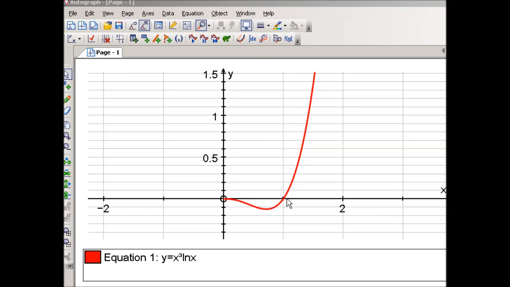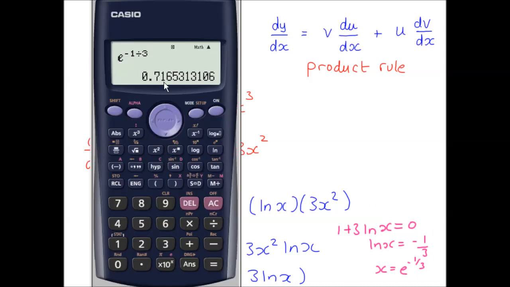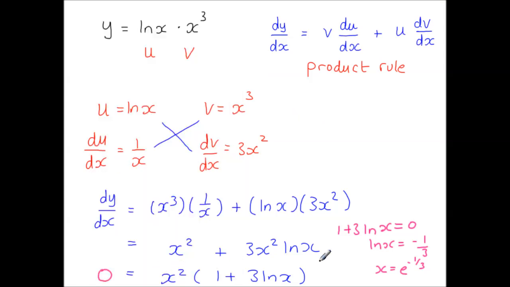That's x equals 1 here. That's about 0.7 something right there, x equals 0.7 for that stationary point, which is exactly what we've just worked out by doing this and this on the calculator. And that's why this factorized form can be useful when you're looking for stationary points.